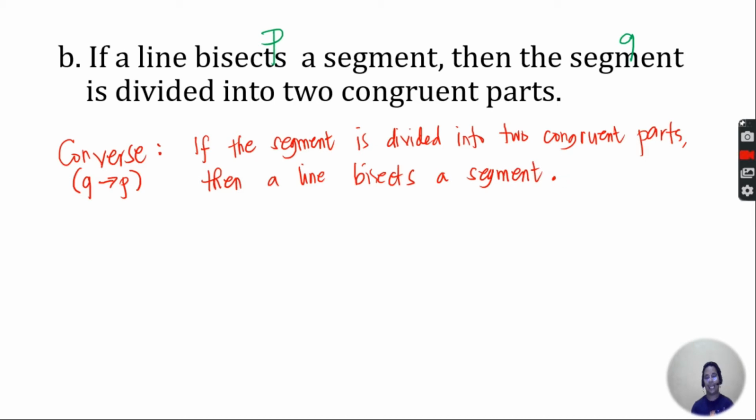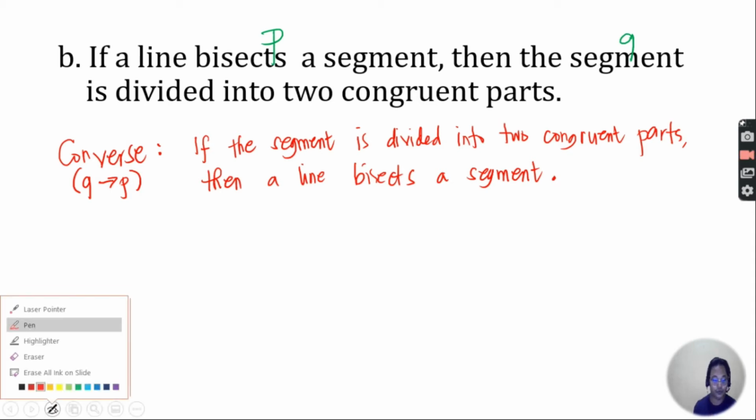So, yan po yung ating converse. So, nag-reverse lang po tayo ng hypothesis and conclusion.